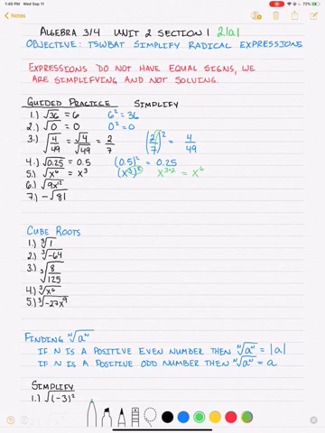For example 6, I have the square root of 9x to the power of 12. So again, I'm taking the square root of 9 and the square root of x to the power of 12. I know that the square root of 9 is 3. And the square root of x to the power of 12, if we remember back from example 5, we are basically cutting the exponent in half. We had x to the power of 6, and I ended up with x to the power of 3.